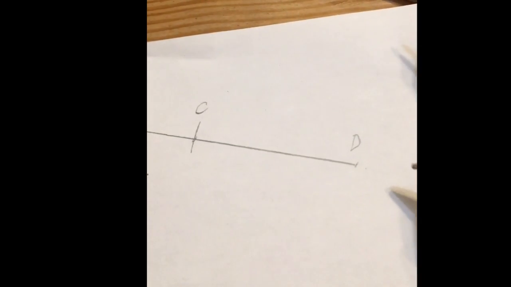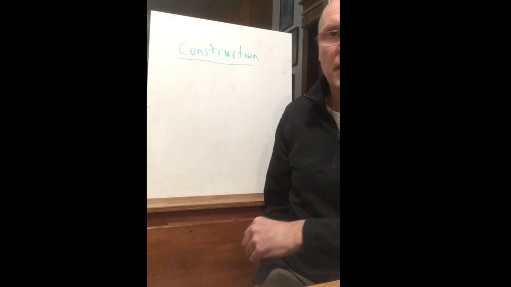And so basically I know that, if I remark this now, this is going to be C, and we'll call then D, that the distance between C and D I know is exactly the same as between A and B. Okay, that's your first construction.